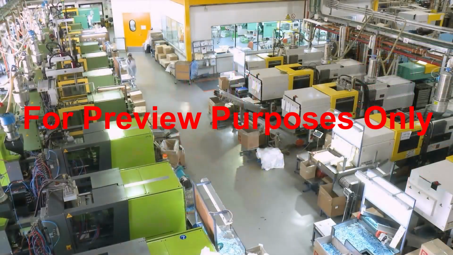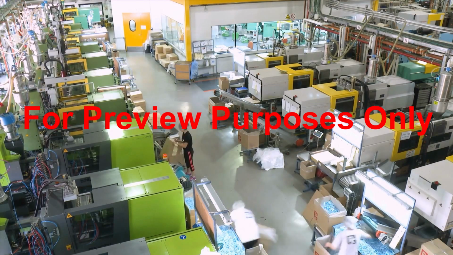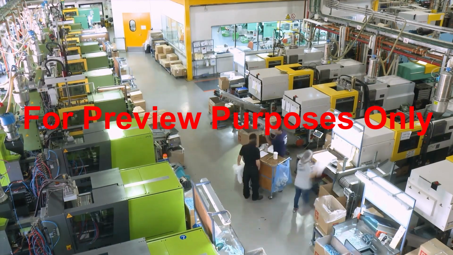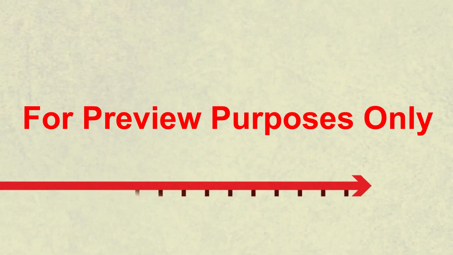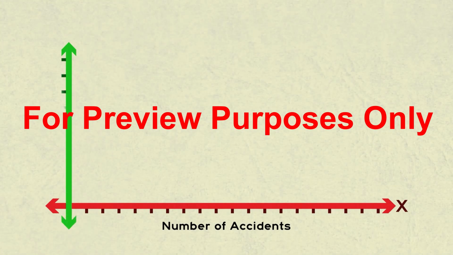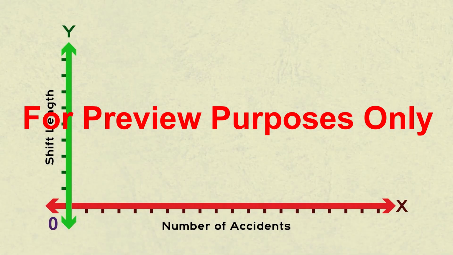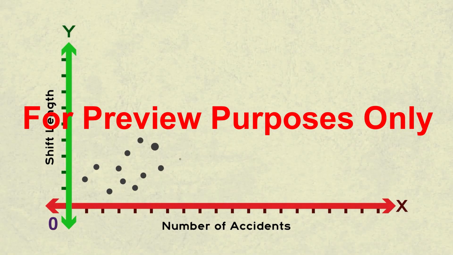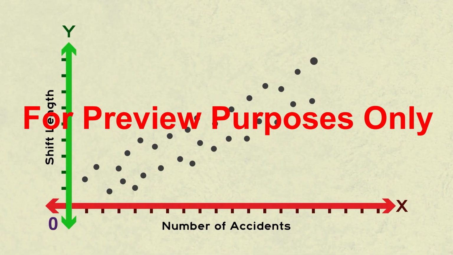For instance, let's say investigators think that some shifts' extended hours are the potential cause of many of the accidents in your workplace. To test this theory, they would create a chart with the number of accidents on the x-axis and the length of different shifts on the y-axis. Then they would plot points based on how many accidents occurred during each shift length.